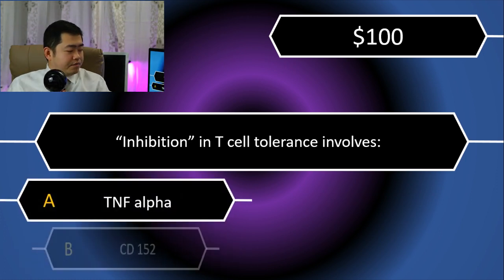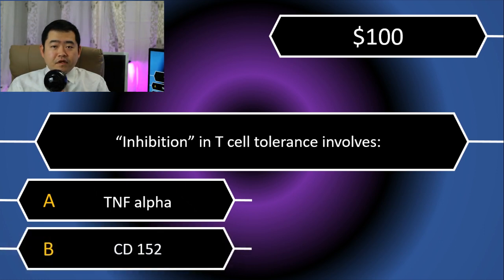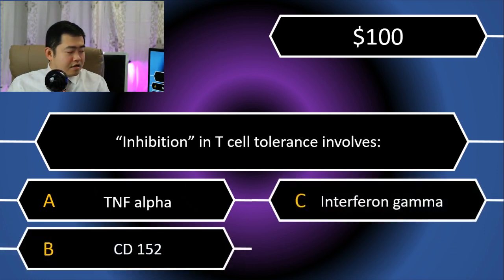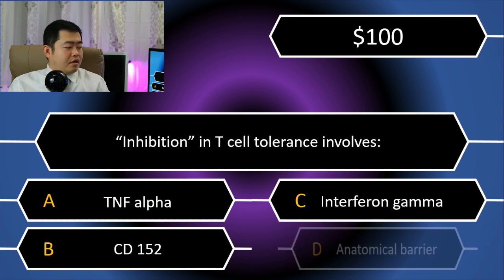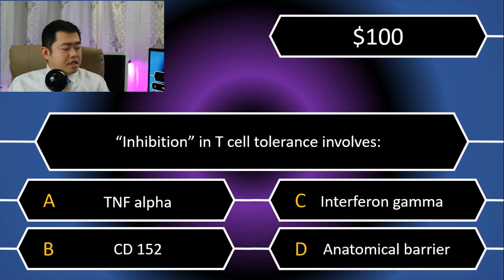A, TNF alpha; B, CD152; C, interferon gamma; D, anatomical barrier. Somehow it inhibits activation, so it probably requires some molecules. I'll give you 5 seconds to either think of it or look it up.